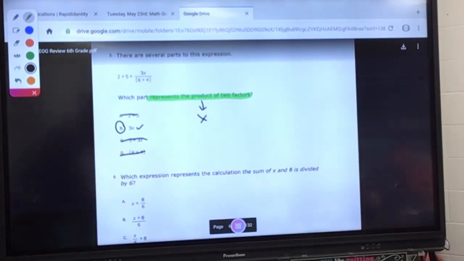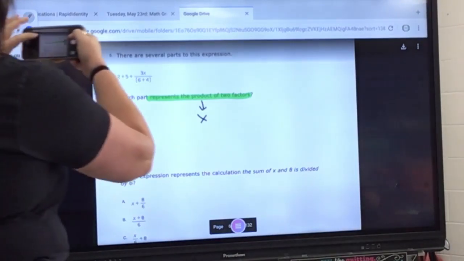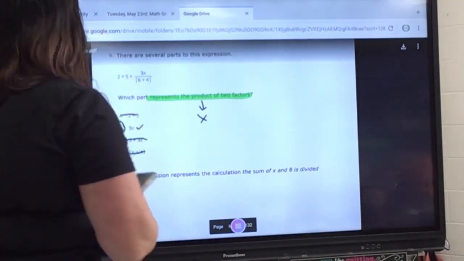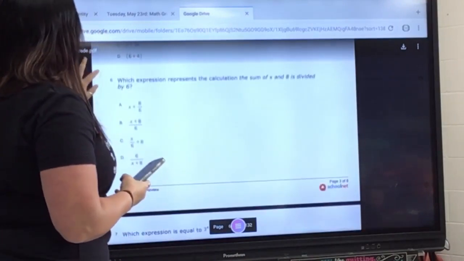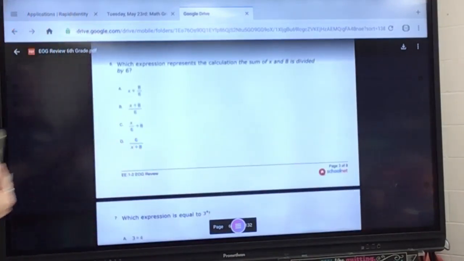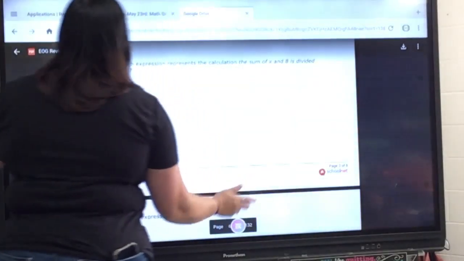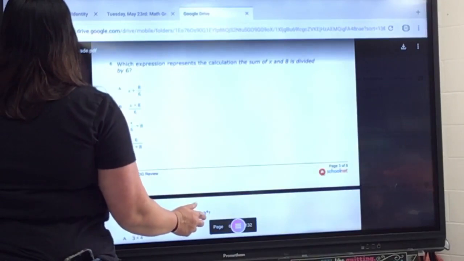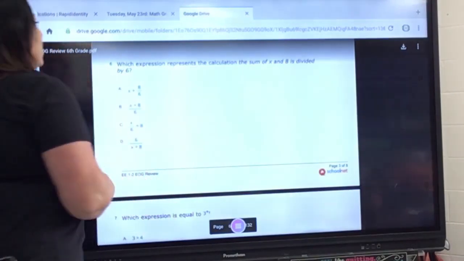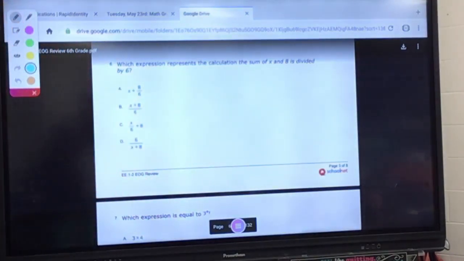All right, we are doing number 6 right below it. Which expression represents the calculation: the sum of x and 8 divided by 6? All right. So what's important in the question? What's important in the question, Levi?